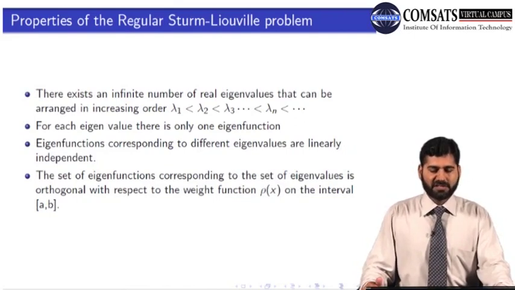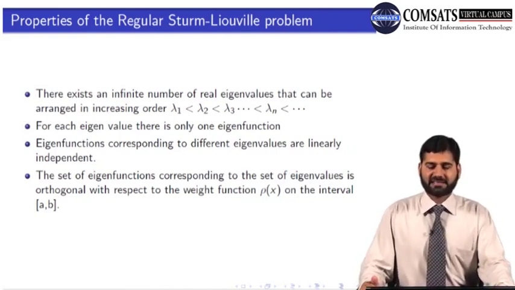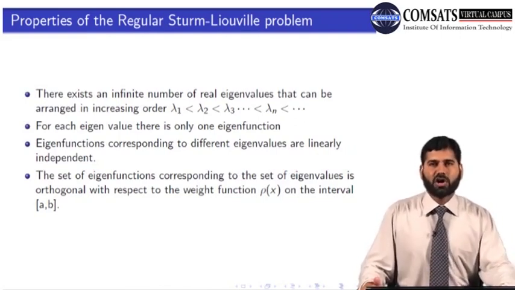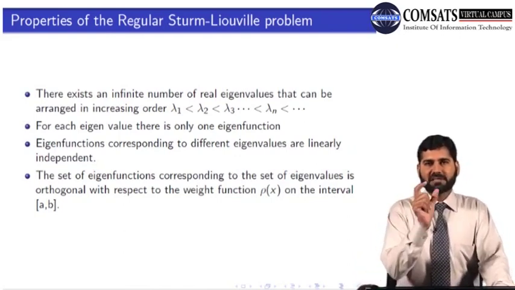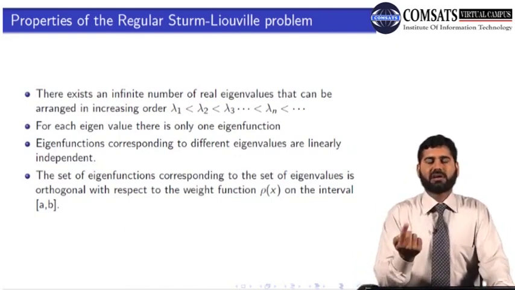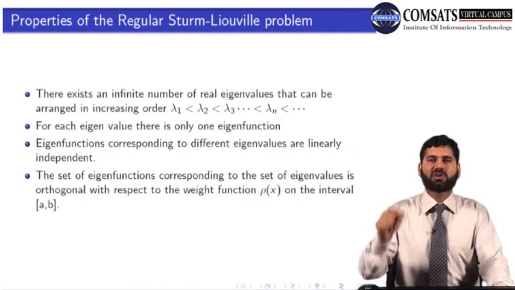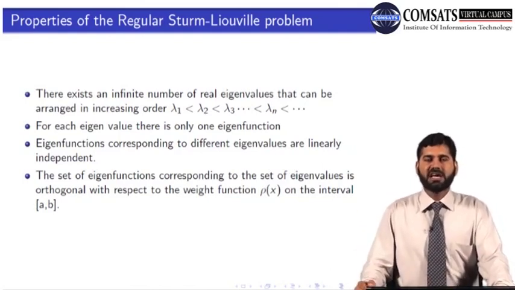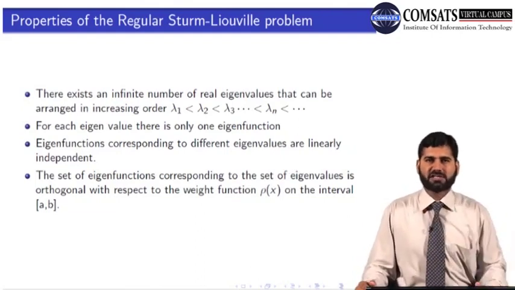The set of eigenfunctions corresponding to the set of eigenvalues is orthogonal with respect to the weight function rho x on the interval AB. So our rho x is important here, which comes with the lambda. If it is just lambda u, then the weight function is 1. If that term is lambda rho x u is equal to 0, then rho x is the weight function. Then your orthogonality will be with respect to the weight function.